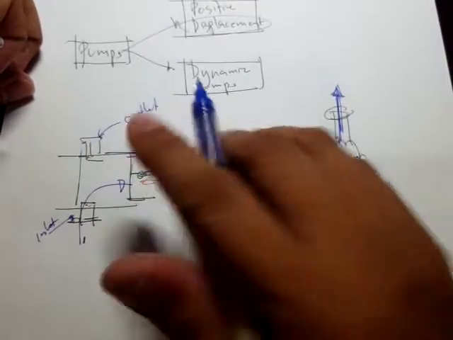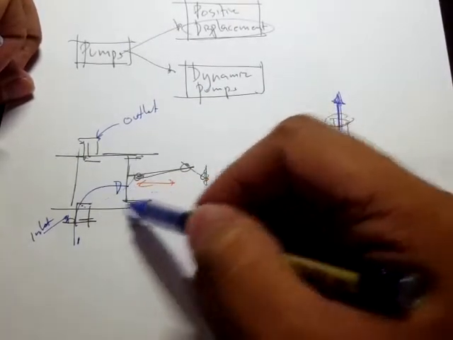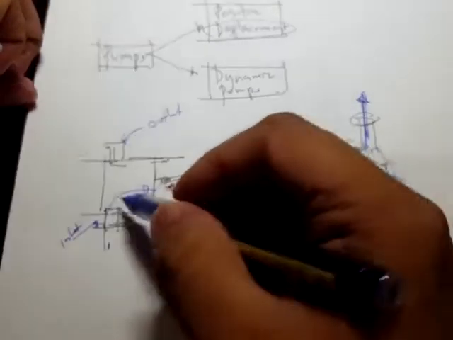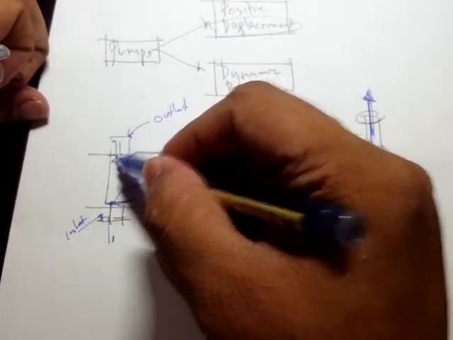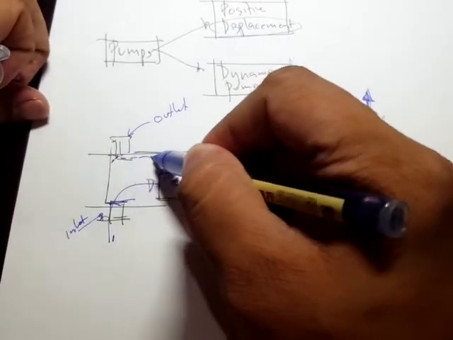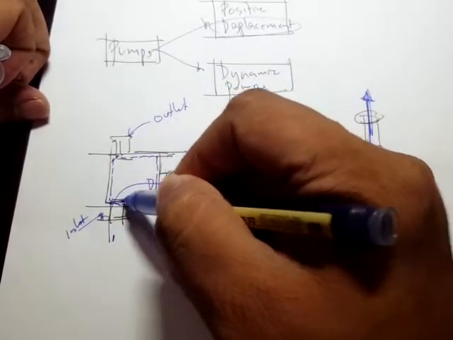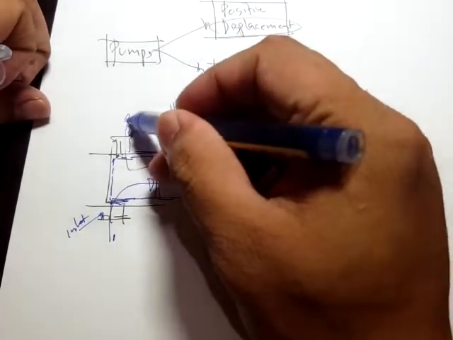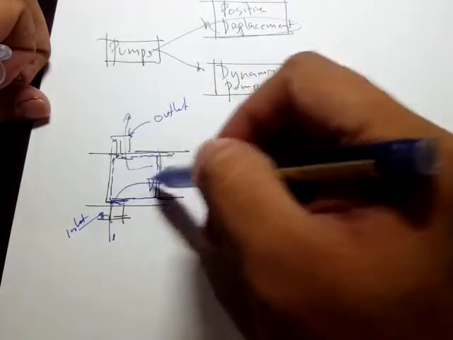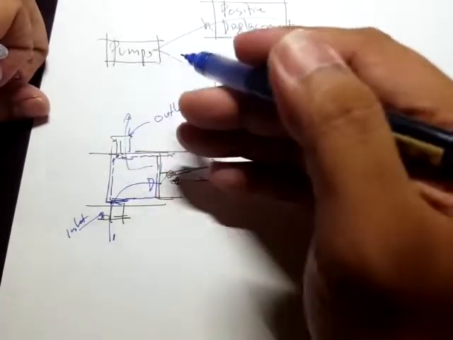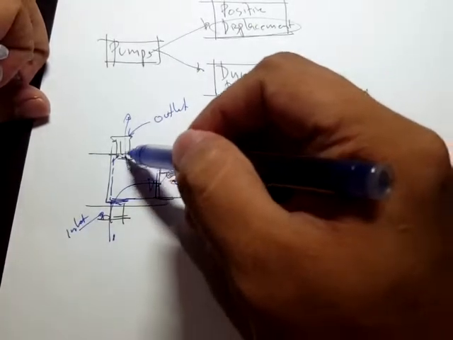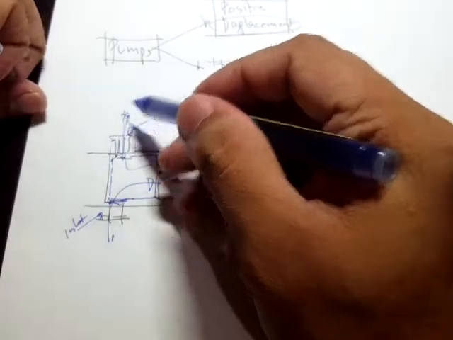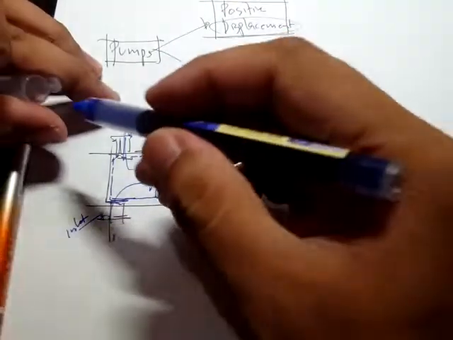It will draw some fluid inside this chamber, and then in its forward stroke, the valve right here will be closed, and this one will be open. So the idea is that we have this batch of volume of fluid that's being trapped inside, and it's trying to displace this volume into this smaller space, right? So somehow that increases the energy of the fluid.